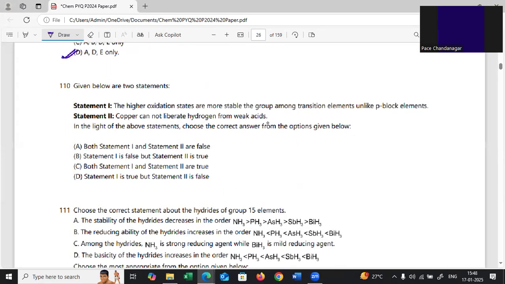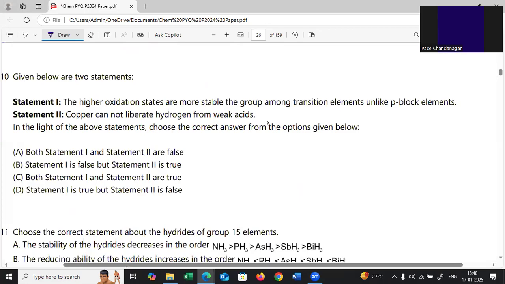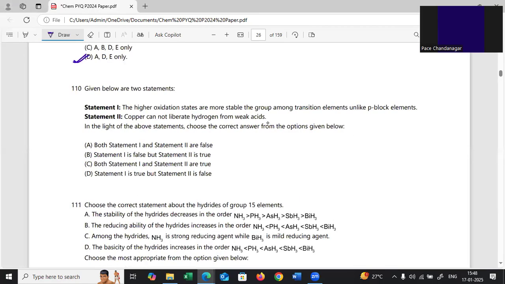Next, 110. Higher oxidation states are more stable down the group among the transition elements, unlike the p block elements. Is that right? On moving down the group in the transition elements, stability of higher oxidation state increases. Remember that point, especially for transition elements, not the p block.